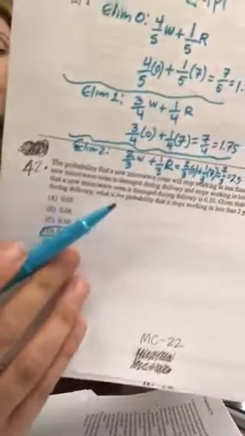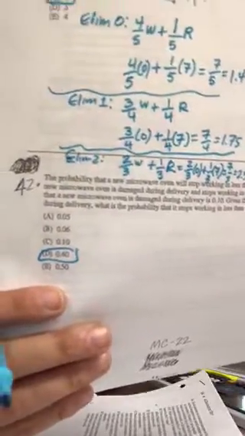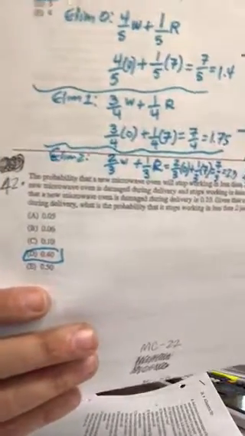Next question. I really like these questions because it forces me to make a two-way table. So if I look here, it's definitely a categorical question, and they ask me 2 yes or no questions. So one question is, was it damaged during delivery?